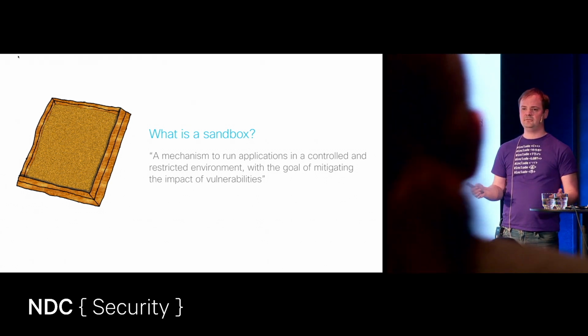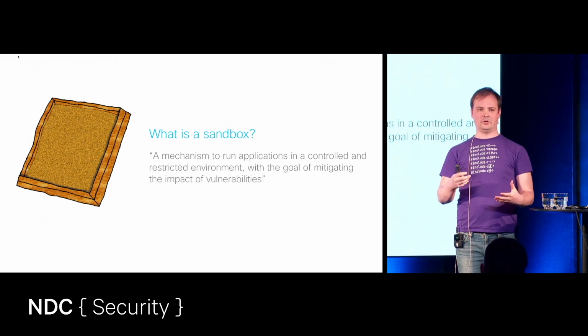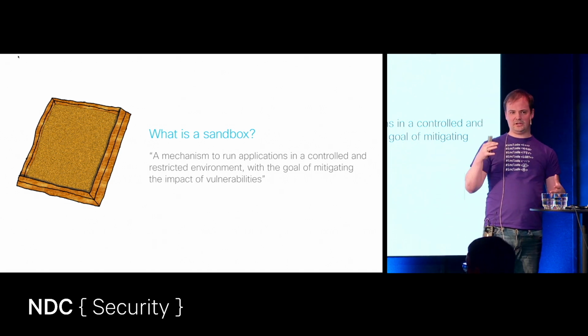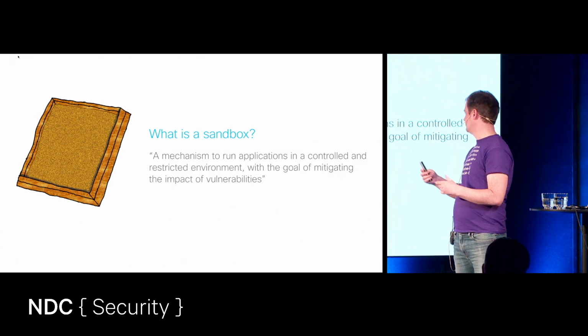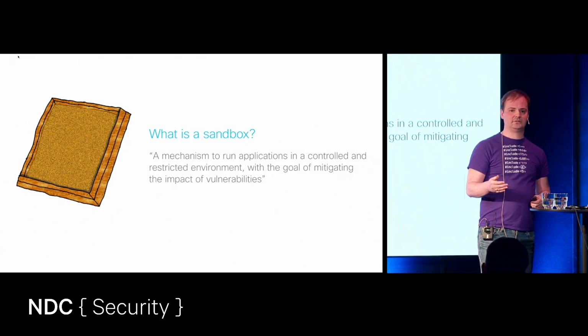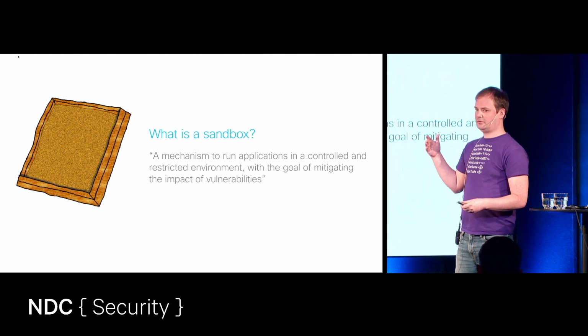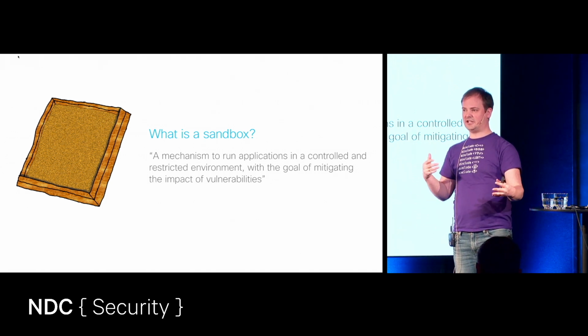Basically, it's a mechanism to limit the view of an application. So you put an application into a restricted and controlled environment that you restrict and control. And the goal of it is not to make shitty code better, but it's to constrain the shitty code so that it can't affect anything outside of it.